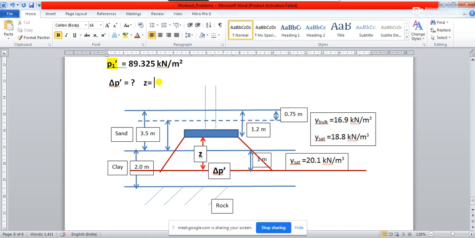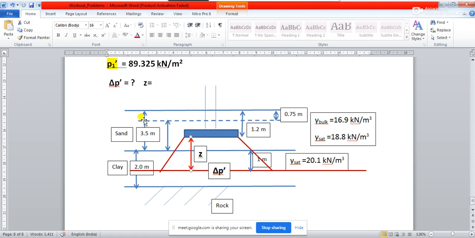3.3. How are you getting 3.3? So 3.5 minus 1.2 plus 1. 3.5 minus, absolutely correct. So see, that is why the diagram is important. If you don't draw the diagram, you will get confused. So from the diagram you see this depth, if you want to find out this depth, it is very simple to find out.